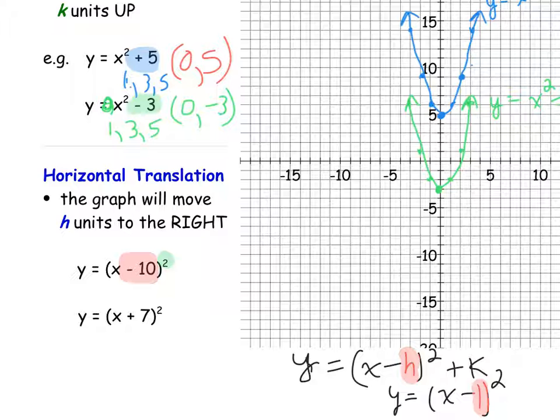I also remember that the formula is x minus h. So the value of h in this case is actually 10, which tells me that I'm centering my graph, starting it at my vertex at 10 and 0. And I'm going to start from there.